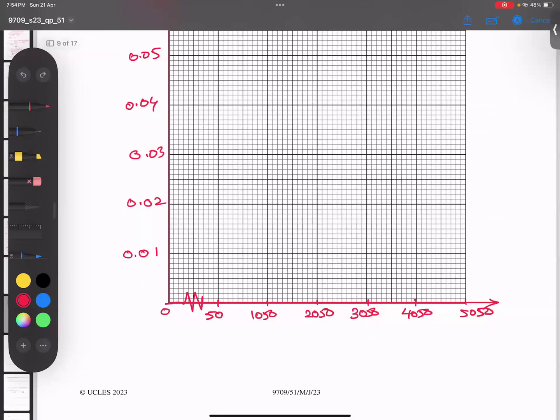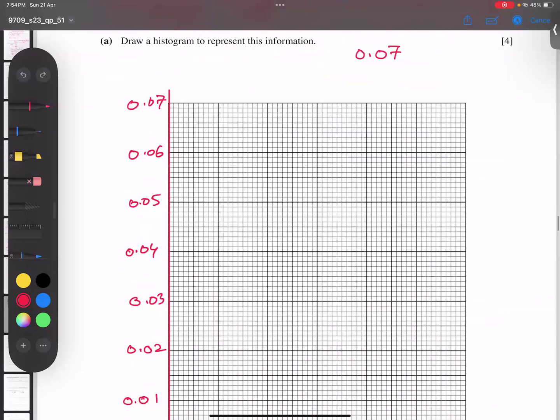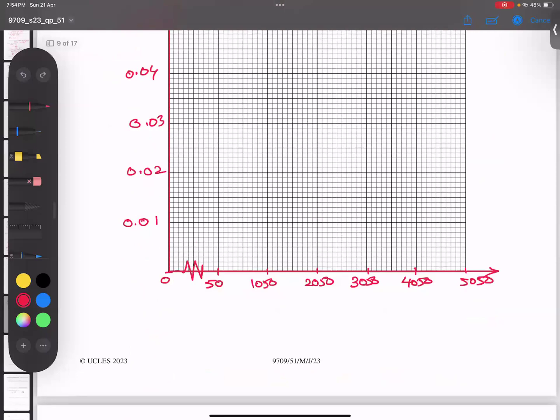Now, students, I'm starting. What is the starting value? 50, ending at 850. But one thing is very clear: this one box is representing 100. Wait a minute, students. 100, 200, 300, 400, 500, 600, 700, 800.